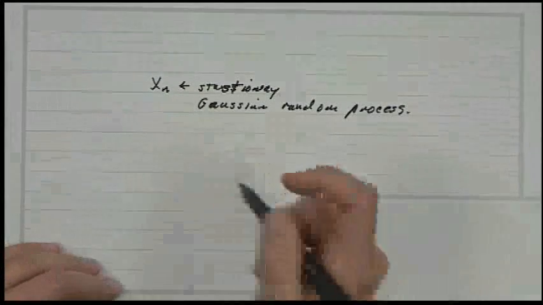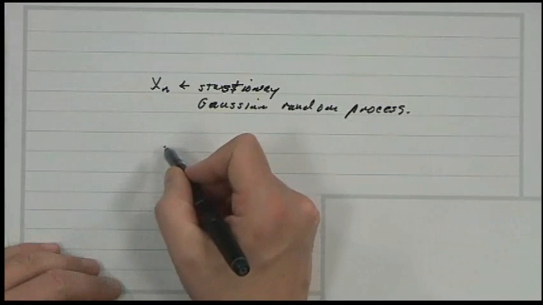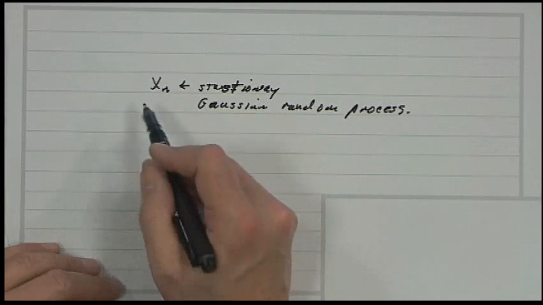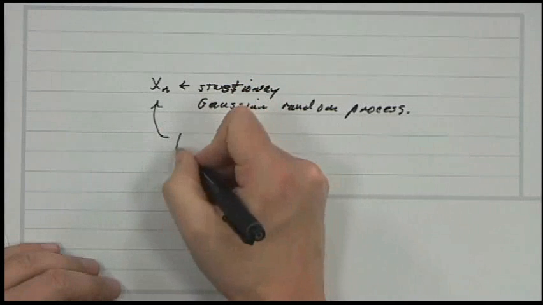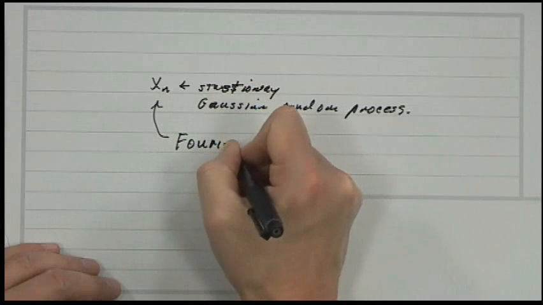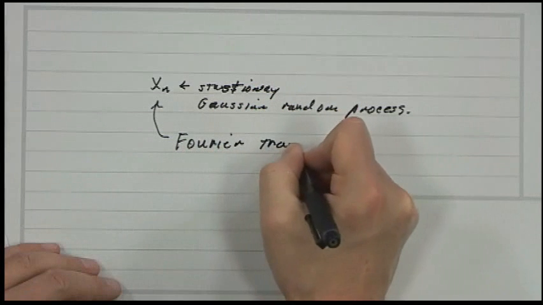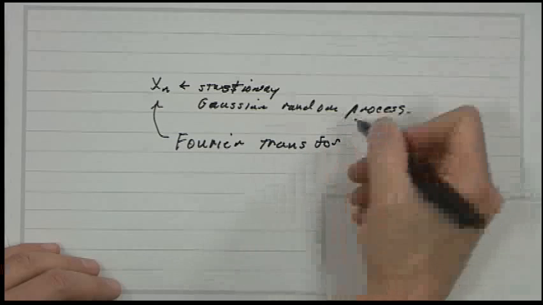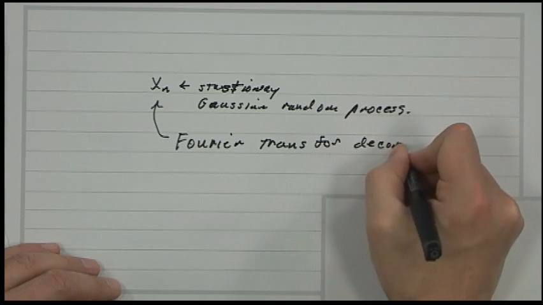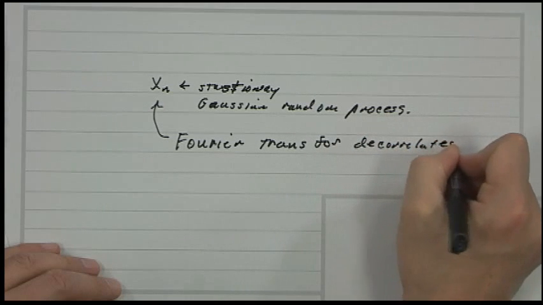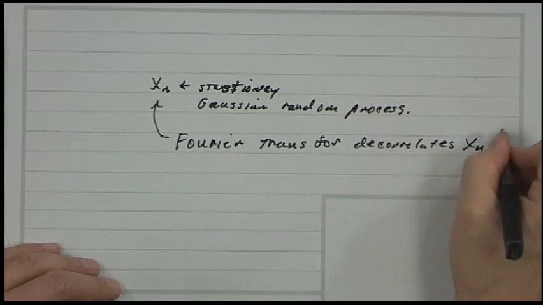Well, it turns out that the Fourier transform decorrelates x of n.